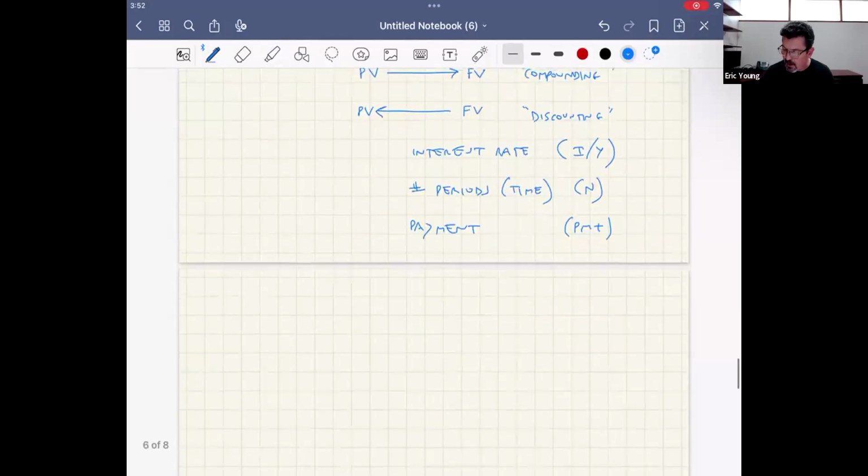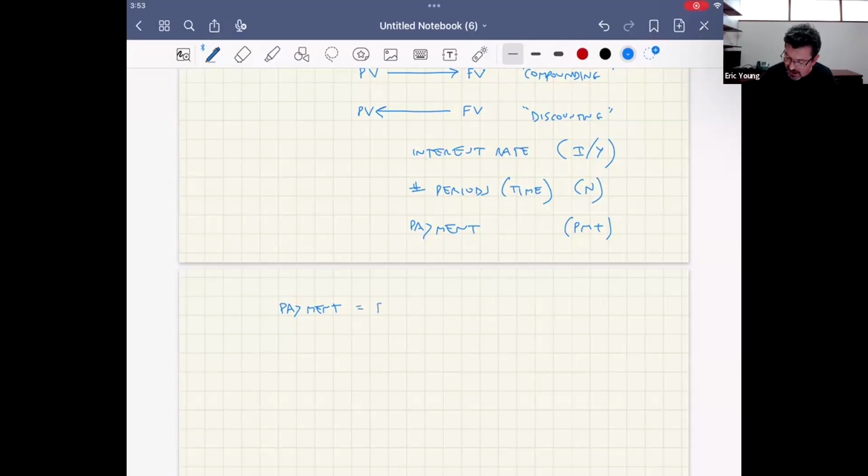Let's talk briefly about payment because payment's interesting. When we talk about payment, we're using the term in finance a little bit different than in everyday life. In everyday life, you just think of a payment as you're sending money to somebody else. Money's flowing out. It's not quite what we mean here.